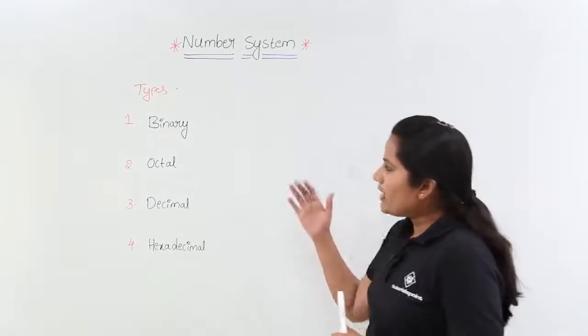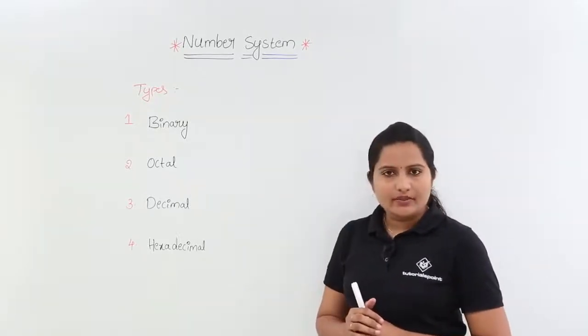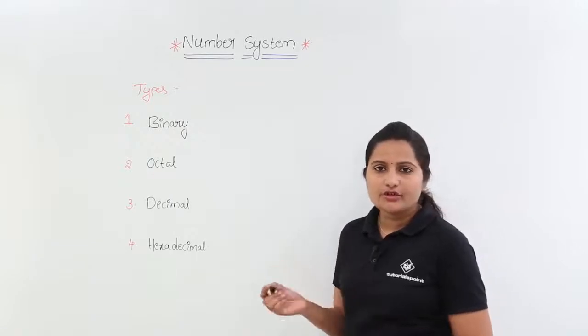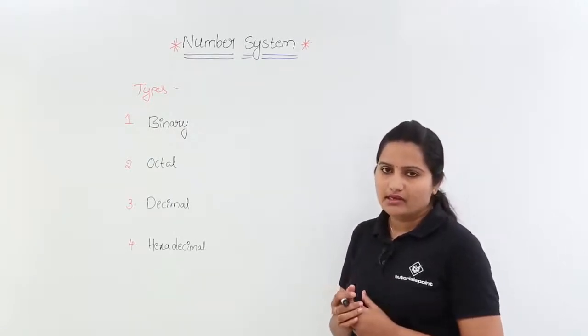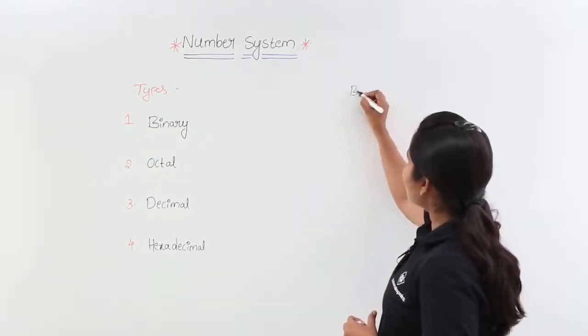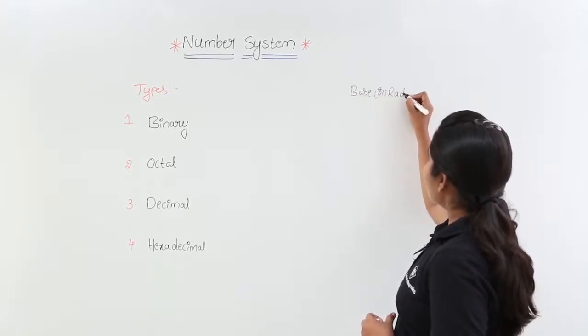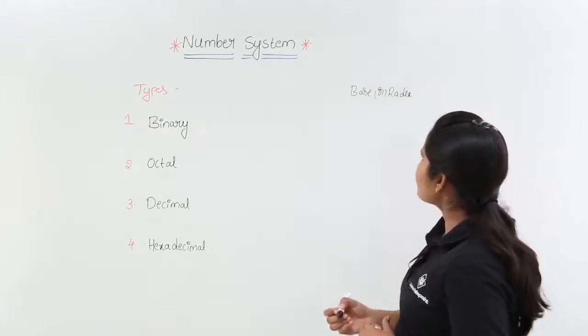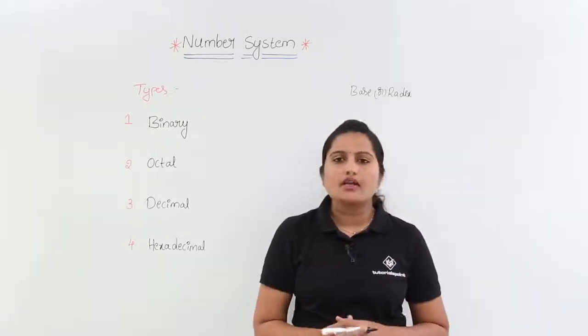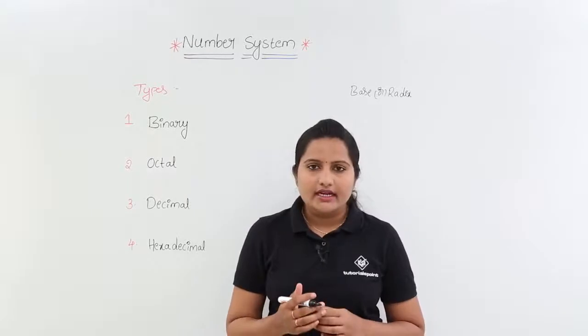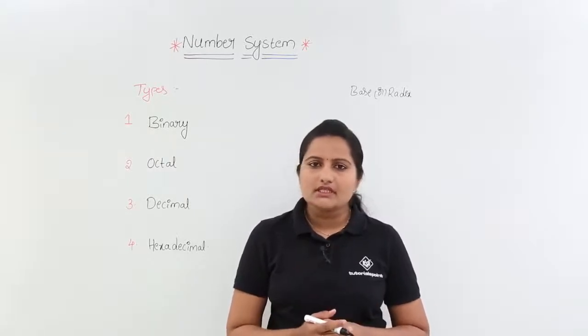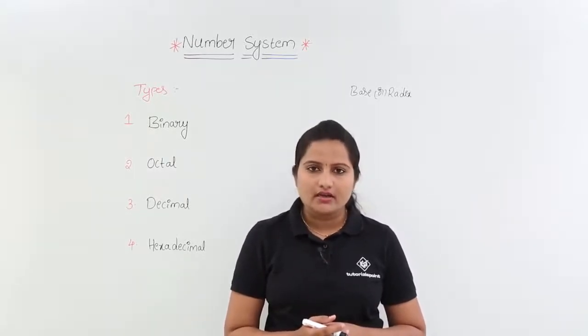When we are discussing these number systems, first of all we need to consider the base or radix. This base or radix is very important. In many technical exams, they ask what is meant by the base or radix of a number system, or a number system is given and you must find its base or radix.